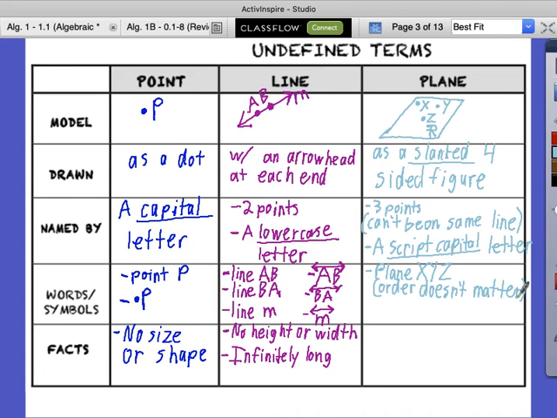You can put those 3 points in any order. That's still the same plane. Or you could do the script capital letter. So plane, and then do that kind of fancy R there. We'll use that one a lot less often than the 3 points. The 3 points is much more common.